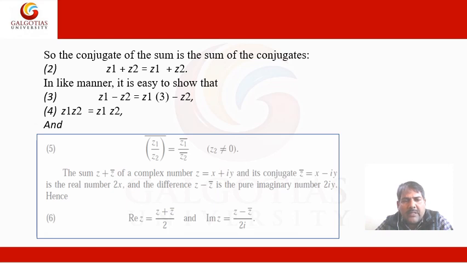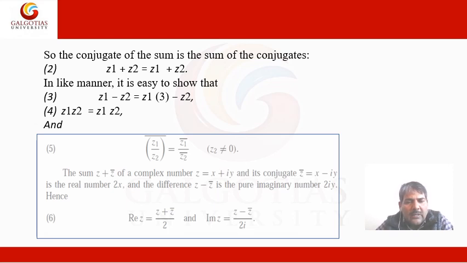In like manner, it is easy to show that the conjugate of z1 minus z2 is equal to z1 bar minus z2 bar, and the conjugate of z1 into z2 is equal to z1 bar into z2 bar.